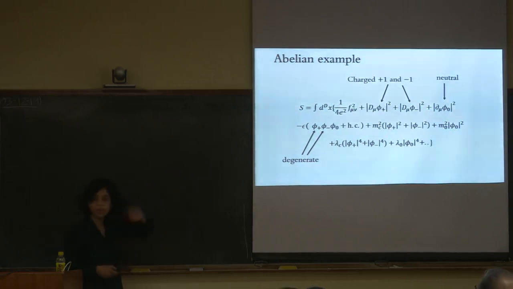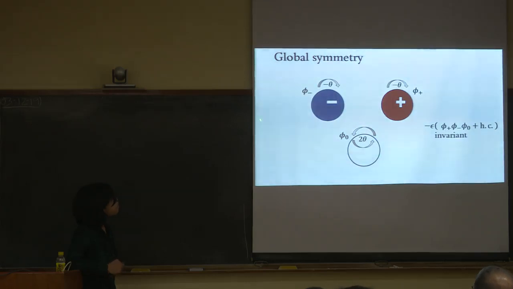Okay, so now I'm going to discuss the symmetries that this theory has. So first of all, note that all the terms that I've written down are all gauge invariant. Even this term is gauge invariant because phi plus and phi minus transform oppositely under gauge transformations. So I have a global symmetry in this theory. It's a U1 global symmetry, and this is the global symmetry that I would want spontaneously broken on both the Higgs and the confining side.